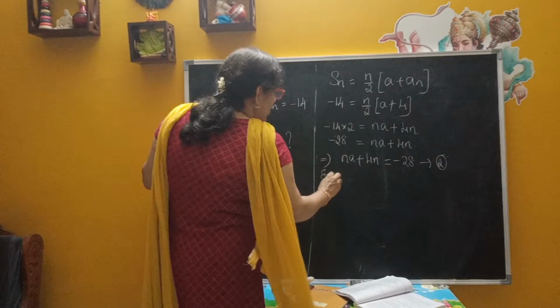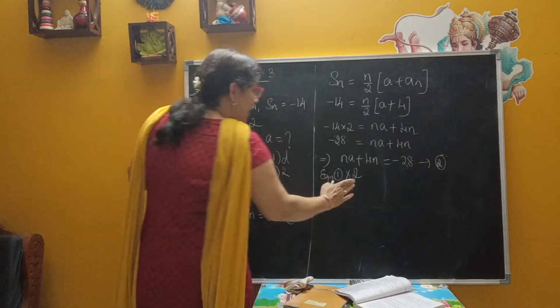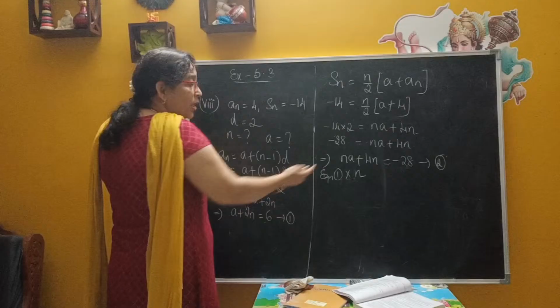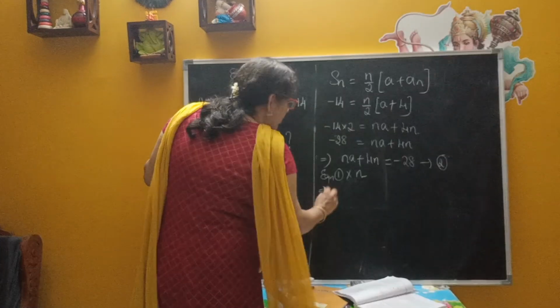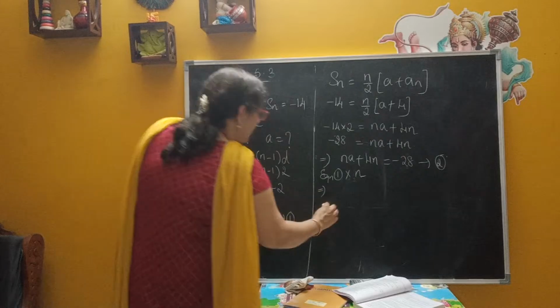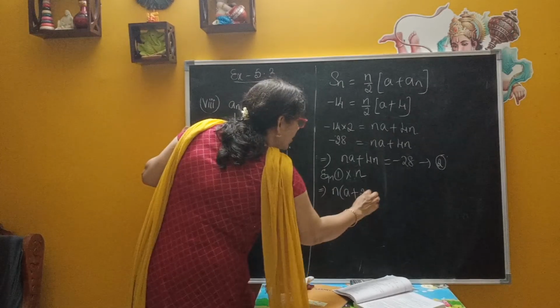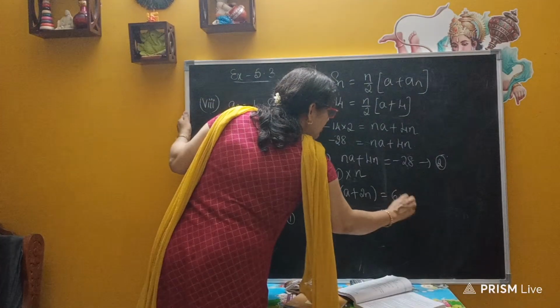So equation 1 into n, because I want to get the coefficient n for this a also. What do I get? That n into a plus 2n in LHS, and here 6 into n, that is 6n.